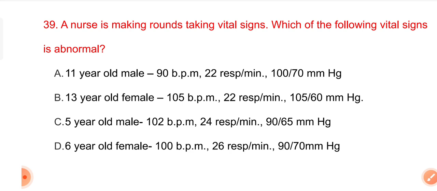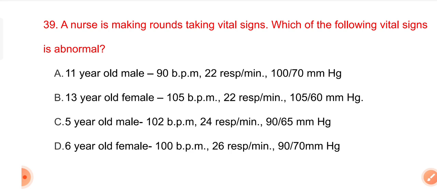The next question is, a nurse making rounds is taking vital signs of some of the patients. Which of the following vital signs are abnormal? The options are: option A, 11-year-old male, 90 beats per minute, 22 respirations per minute, 100 by 70 mmHg blood pressure.